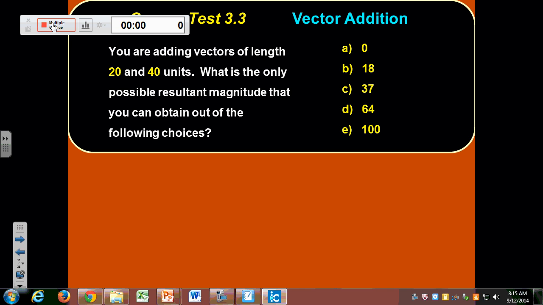Okay, just a couple more of these. You're adding vectors of length 20 and 40 units. What's the possible resultant magnitude? Seen a similar question already to this.